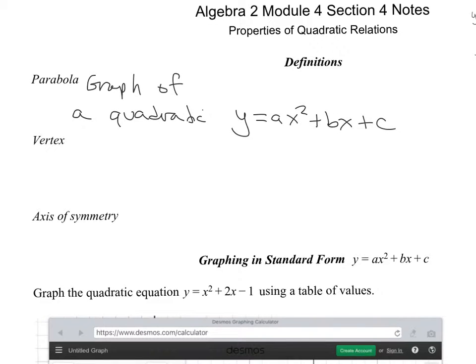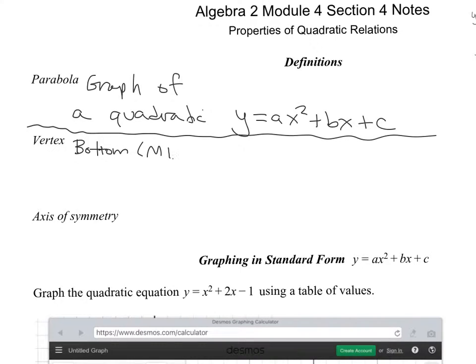You pick some a, b, and c, and that graph will always be a quadratic graph, which will look like a parabola. Now the vertex of our parabola is going to be either the bottom, which would be the min, or the top, which would be the max of the parabola.